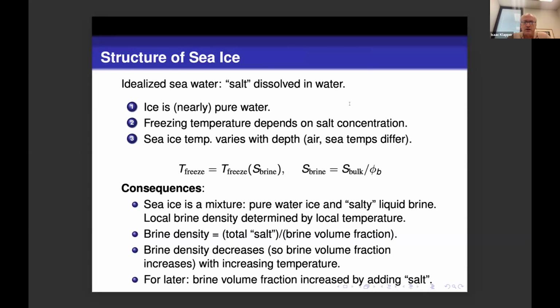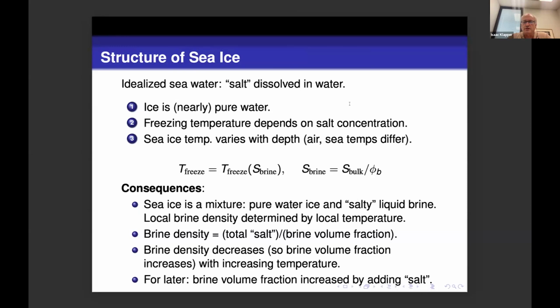So before we get going, a few things about sea ice that are important here. Sea ice, from my idealized point of view that we'll use here, is basically seawater, which is salt dissolved in water.